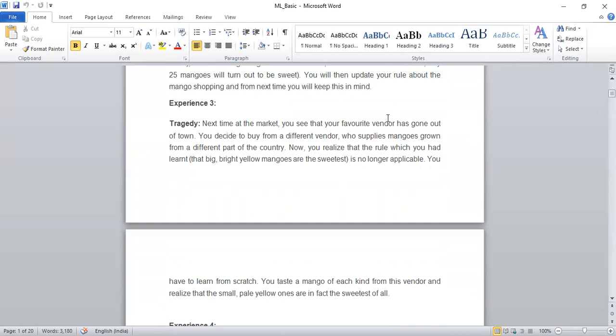If your objective gets changed, then you have to use your experience level also, but you have to frame different rules. If I tell you to select the worst mangoes, then obviously you have to frame different rules, but your experience level is the same. Whatever experience you have gained, you have to frame the rules in a reverse manner.